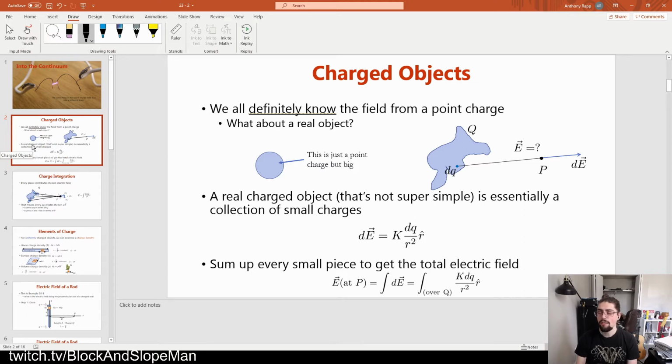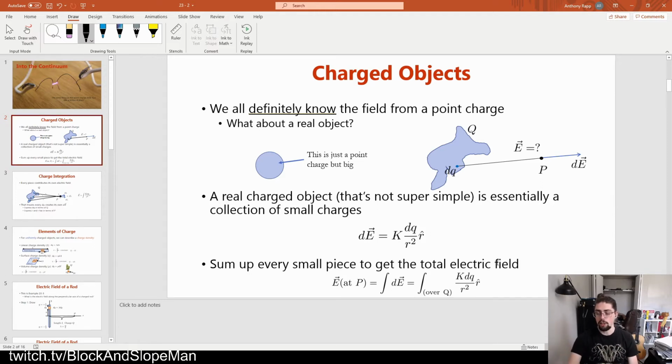Now, if I wanted to find the net electric field from that object, we could imagine that what we would have to do is look at every single individual charge inside of that object and find the electric field because of that single charge, and then sum up every single charge altogether. And so if that tiny piece of charge was called dq, then the tiny field that it created would be dE, and then we would have to sum up all of those things to find our total electric field E, kind of what's shown in the equations here.